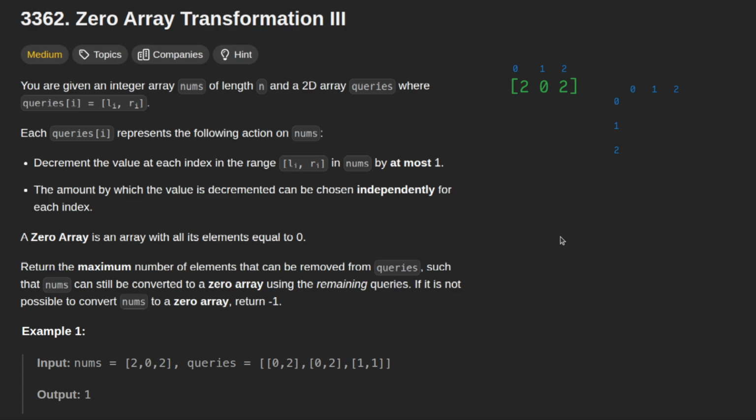It will look something like 1 1 1 for the first query, and 0 1 0 for the next, right? So let me just adjust it according to this and change its color. So this is actually the query which I am getting.